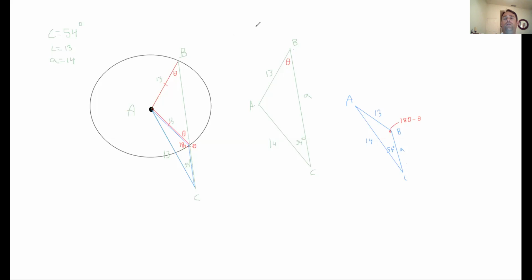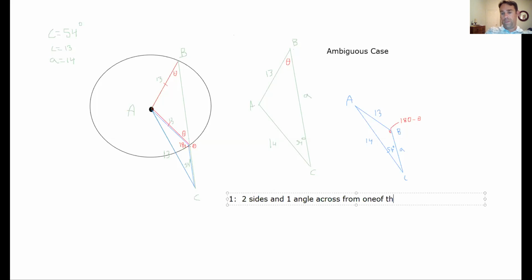So how do you tell if you're dealing with two triangles? Some of you right now are going, I don't like these two triangles. This is called the ambiguous case. In order for the ambiguous case to happen, essentially, guys, a perfect storm had to happen. Three things had to happen in order for us to get a case that represented two triangles. The first thing, we had to be given two sides and one acute angle, one angle across from one of the two sides.